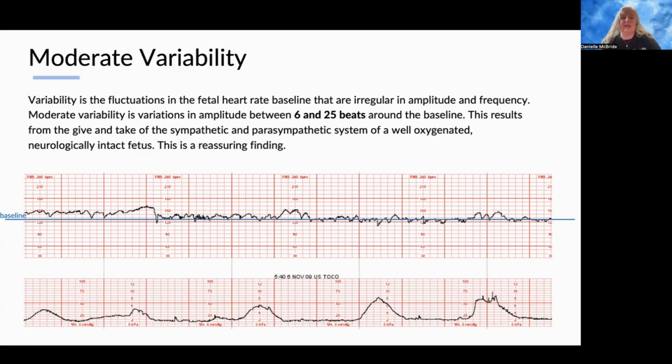Moderate variability is a reassuring finding, and it is the desired variability that we would like to see. Since each of these boxes going up and down is 10 beats, you can easily see where these variations in amplitude meet the criteria of being between 6 and 25 beats around the baseline.